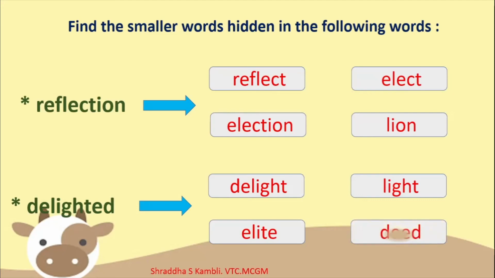And also the word deed, D-E-E-D. Okay, so I have tried to solve this for you. Now there are some more words like graceful, hunter, thicket, which you can try and find out the answers to. Let us move on and do a few more exercises from this textbook.